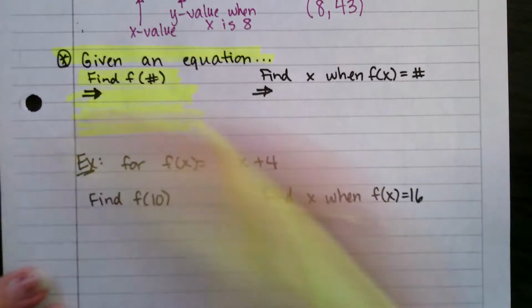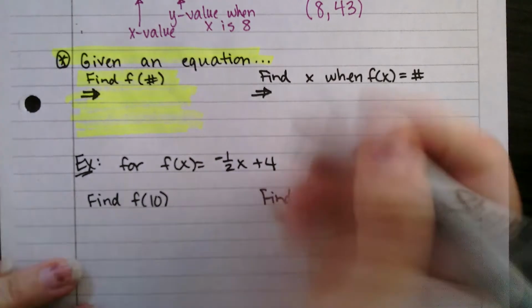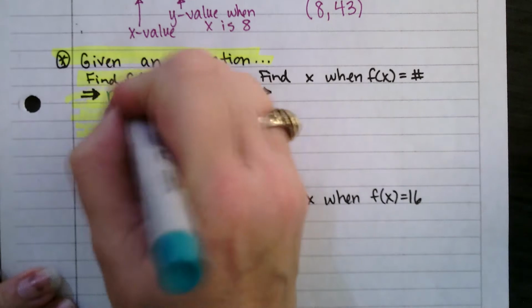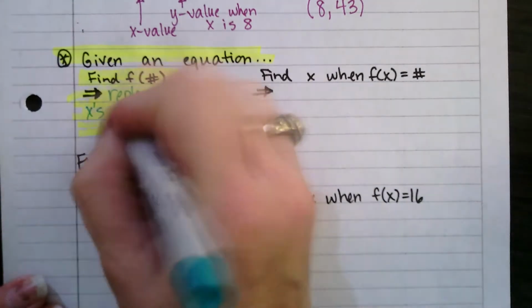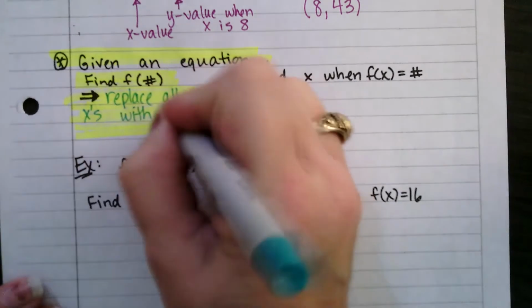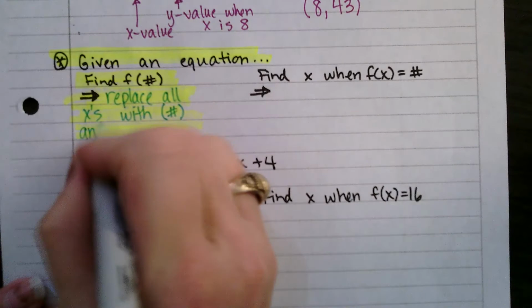When we just did that problem, f of a number means to replace all x's with that number that's in parentheses and solve for y.